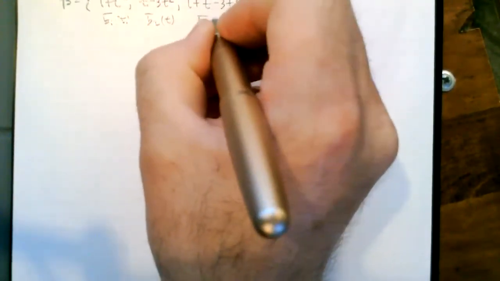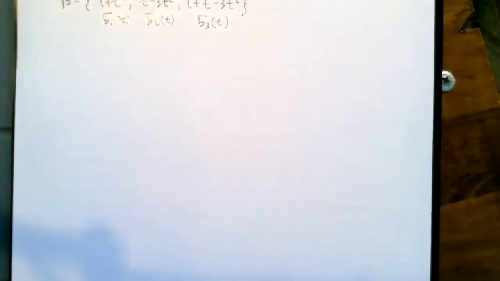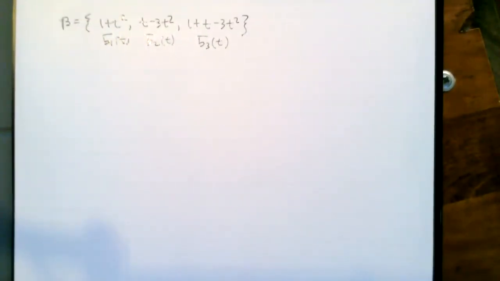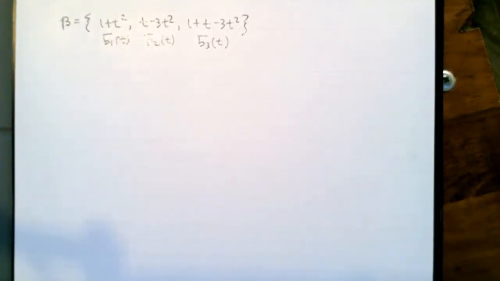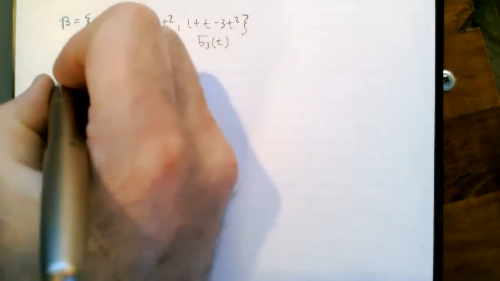And I called this b1 of t, b2 of t, and b3 of t. So in the previous problem, I gave you a vector and asked for the coordinates. So let's suppose that I told you the coordinates.